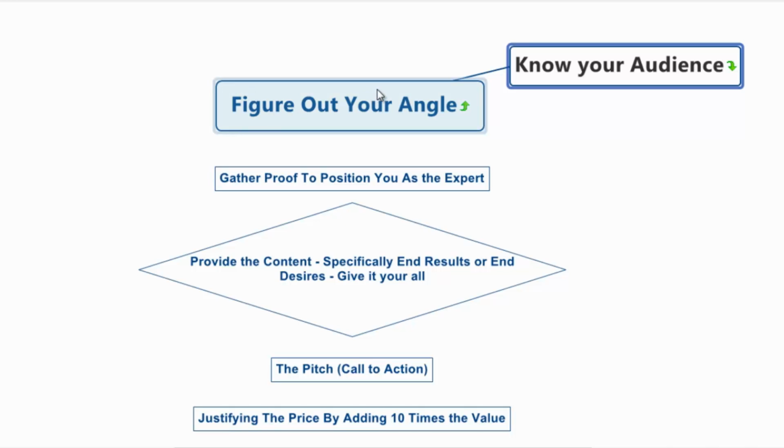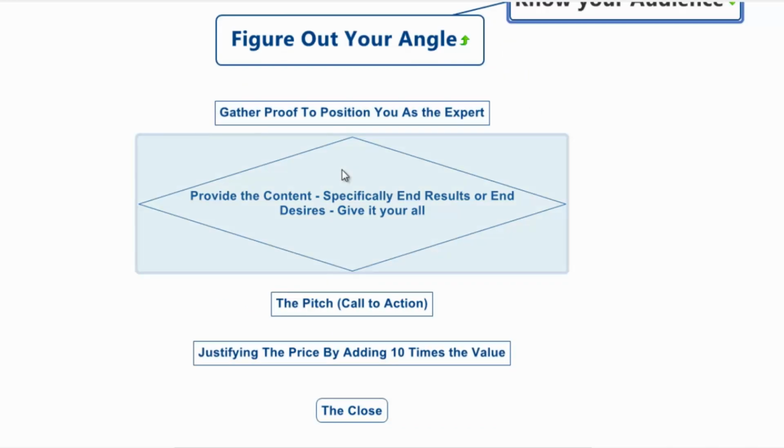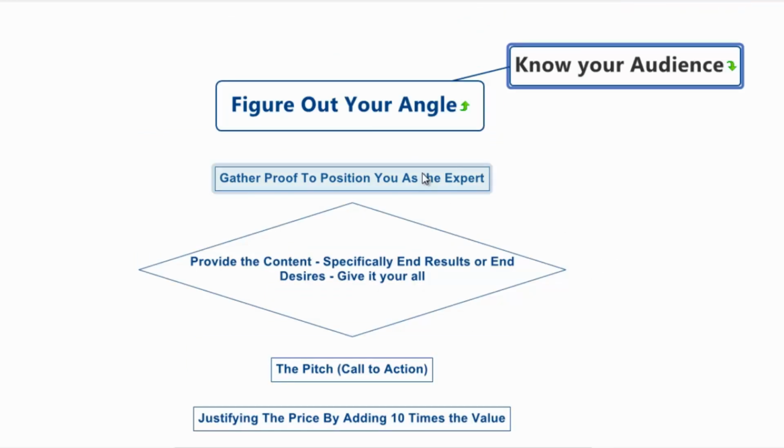Once you have found your angle and the audience objections and desires, you want to take these two items and apply it to this, and this. So you don't want to really just go all in and talk about you as the expert unless it helps remove those objections and get closer to those desires and end results.